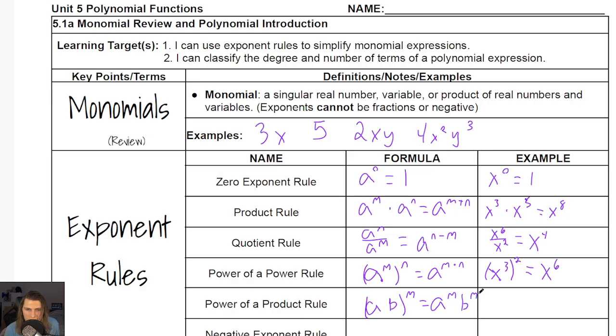There we go, that looks a little better. If we're looking at this, we may have xy squared, which will equal x squared times y squared. So those are most of our formulas so far.